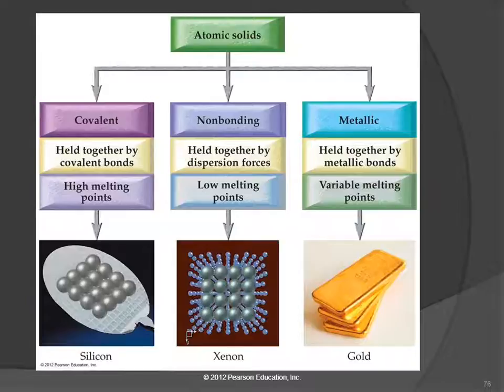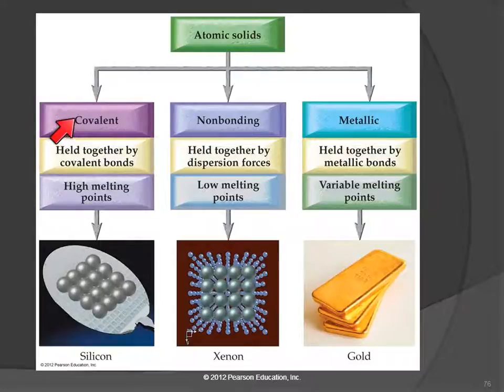And the atomic solids are going to be held together by three different types of forces. This one is the one we kind of mentioned, called nonbonding atomic solids. This is where we just have those dispersion forces, like with helium and neon and those sorts of elements. So dispersion forces are really, really weak. These guys are going to have low melting points.